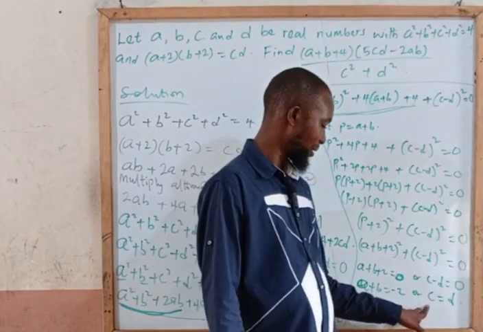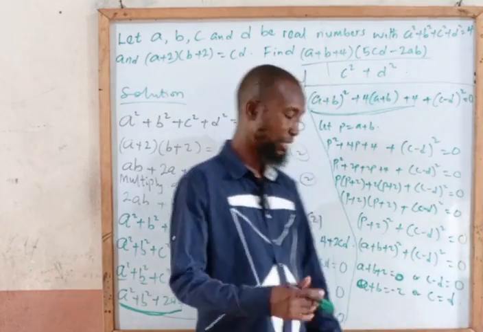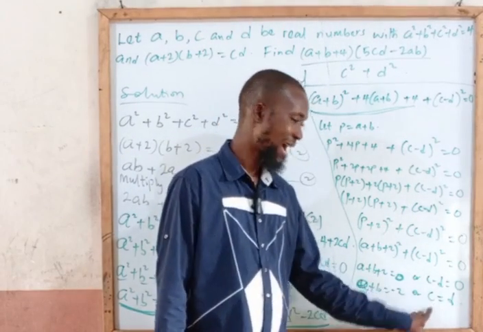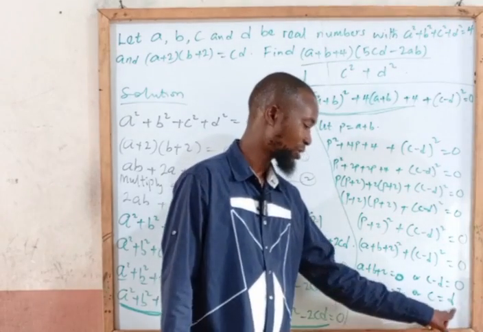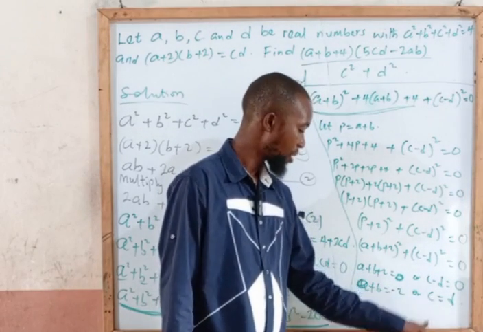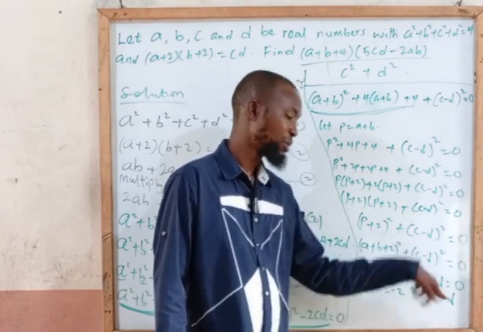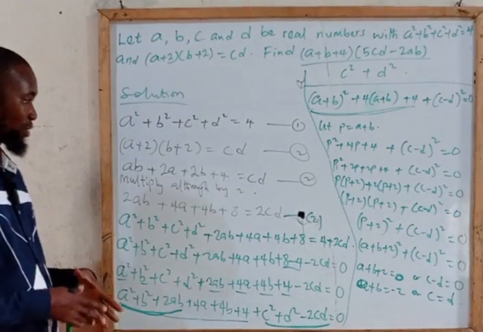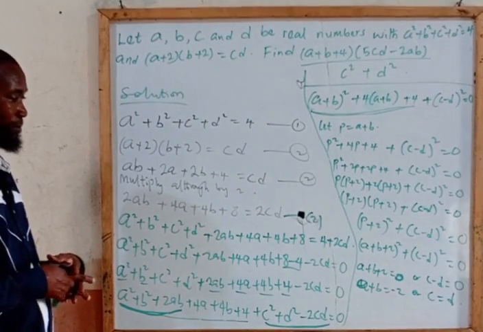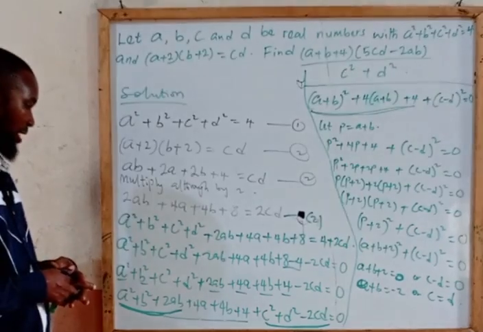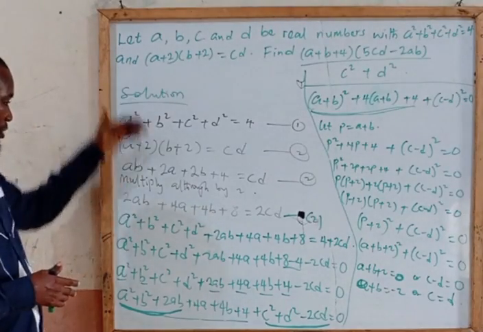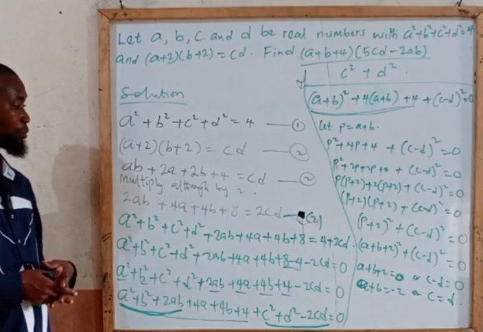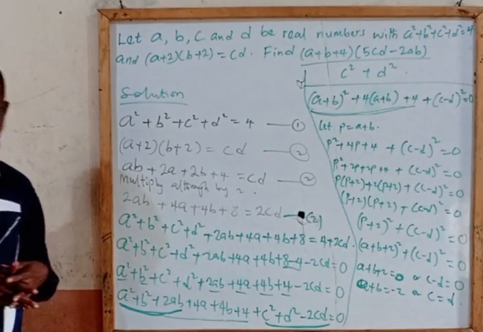Wherever we see c, we substitute it with d, because c is equal to d. So when we walk through it this way, we can get the desired result.